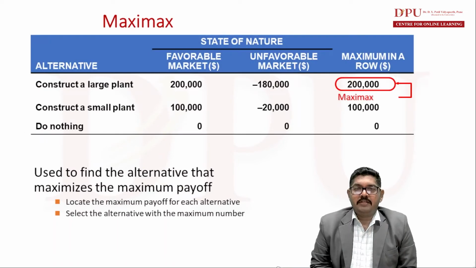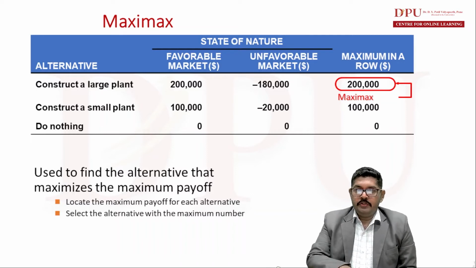So the maximax criterion. We have alternatives: construct a large plant, construct a small plant, and do nothing, no plant. Then we have states of nature: favorable market and unfavorable market, and accordingly we have payoffs for different courses of action. Now in maximax, what do we do?